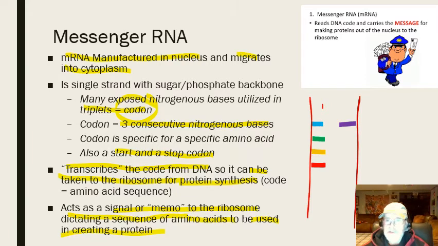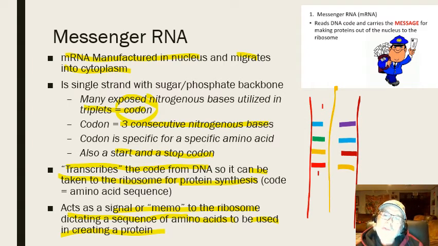Here's my thymine on the DNA, which is going to attract adenine. Here's my cytosine, which is going to attract guanine, and here's my guanine, which is going to attract cytosine, if that was the way it was. So what happens is now that when the DNA splits, the code is going to be read. Now, I mentioned a codon is 3. So let's say these three nucleic acids are a code for a specific amino acid, which is this.